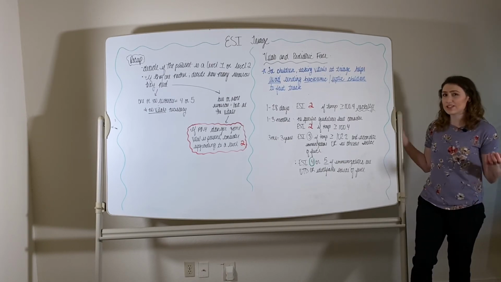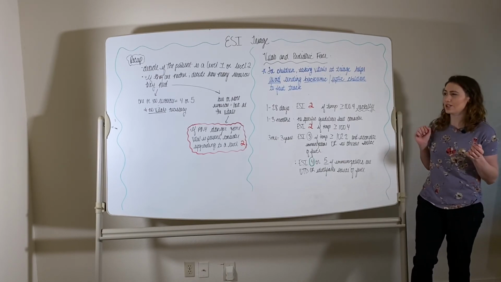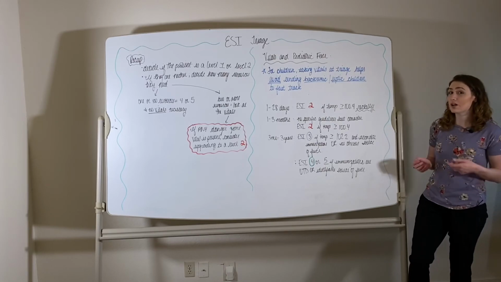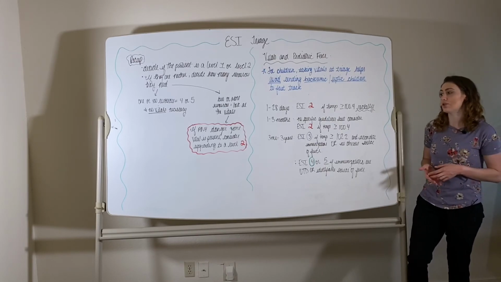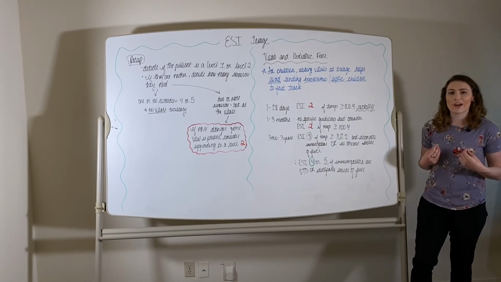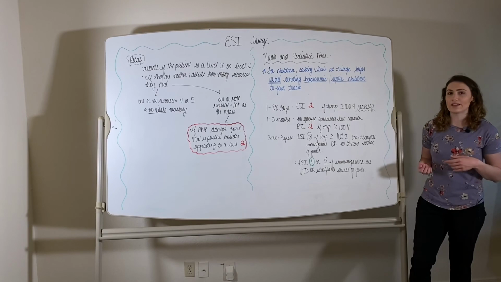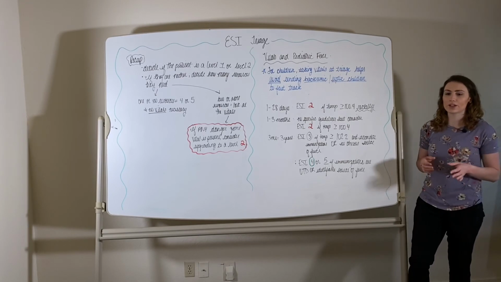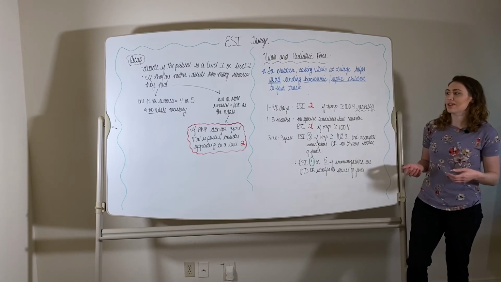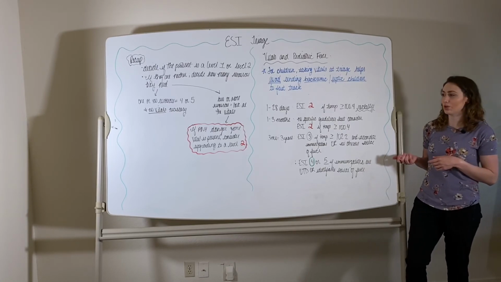They don't really give us any guidelines, though, between the ages of 1 month to 3 months old. But you should consider upgrading them to a Level 2 if their temperature is greater than 100.4. And really, when I think about this, I think the reason that they say this is because children's immune systems are not completely developed until 3 months of age and older.